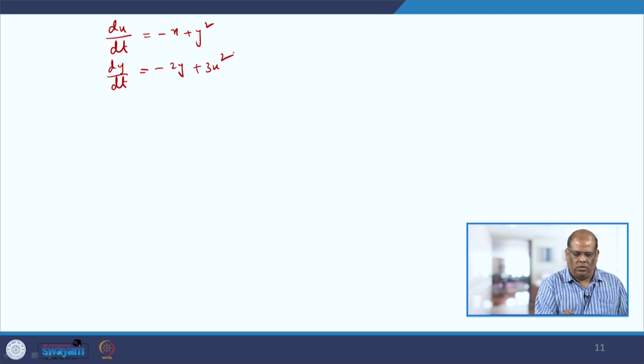We take another example, say dx/dt equal to minus x plus y square and dy/dt equal to minus 2y plus 3x square. So, as usual, we define our V(x,y) as a x square plus b y square.